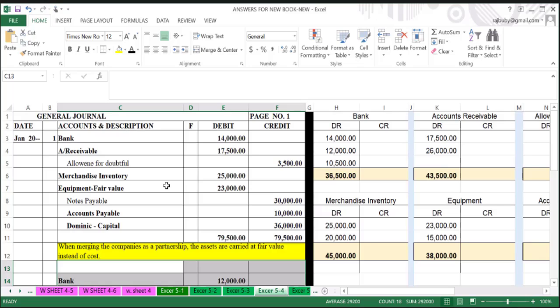Do you think we have to divide accumulated amortization that we have in trial balance according to the part of equipment that was merged? For example, Dominique company has equipment for 45,000, but they only merge 23,000.